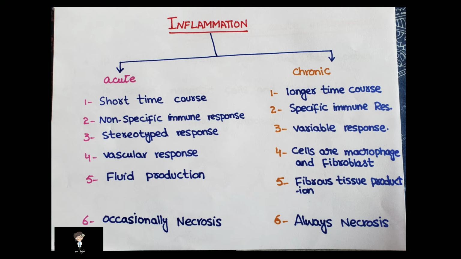Acute inflammation is a stereotype response while chronic inflammation is a variable response. Acute inflammation is a vascular response with fluid production, while chronic inflammation has cells which are macrophages and fibroblasts, so obviously they will have fibrous tissue production. Acute inflammation has occasional necrosis, while chronic inflammation always has necrosis.